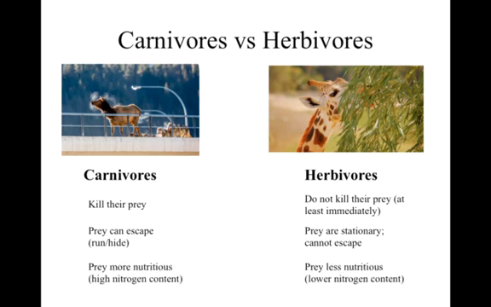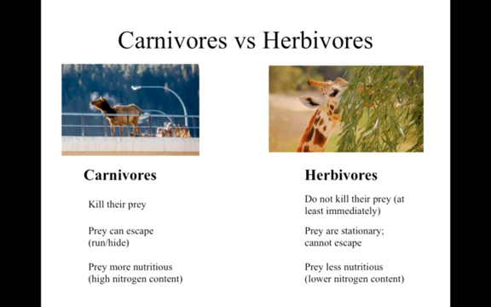With carnivores, the prey are actually more nutritious than with herbivores. Now, I know everyone tells you that vegetables are good for you, they're nutritious, and that's true, but in the natural world, typically what's most limiting is nitrogen, not carbon, nitrogen. And so prey items that are high in nitrogen are very valuable. They're much more nutritious than prey items that are not high in nitrogen, that are maybe higher in carbon relative to nitrogen.